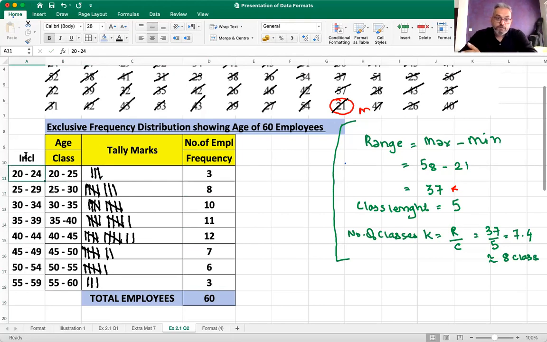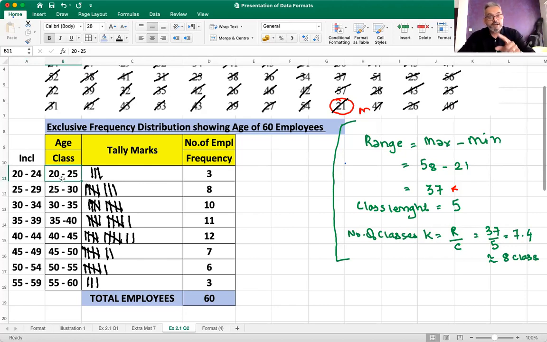In inclusive, class length still remains 5 because 20, 21, 22, 23, and 24, so 1, 2, 3, 4, and 5. If it is inclusive, 20 to 24, class length 5. If it is exclusive, 20 to 25, then also class length 5.